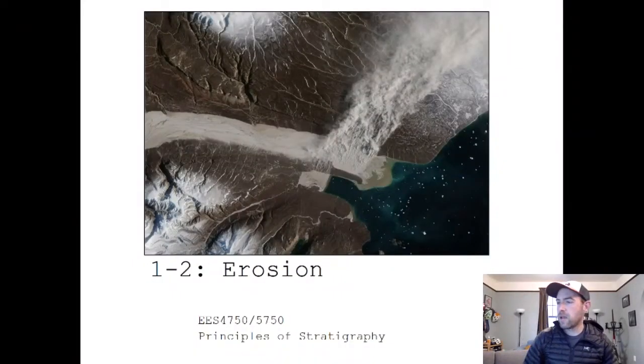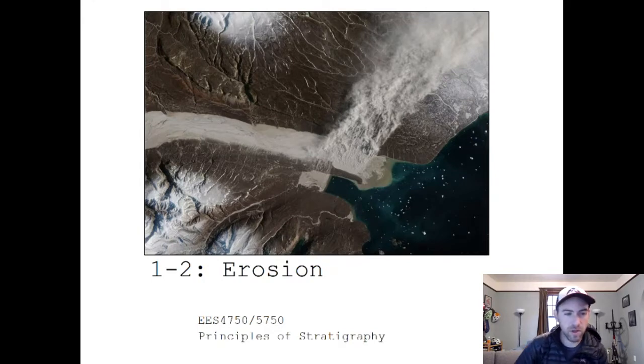All right, we're back for the second lecture in this week's series. This lecture will talk a little bit about erosion and some of the processes by which material is removed from the landscape to then be available for transport into the depositional environments.